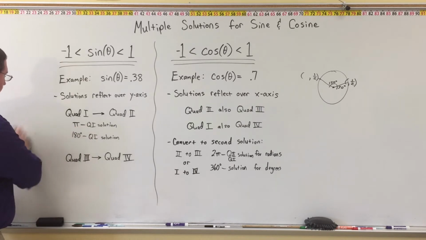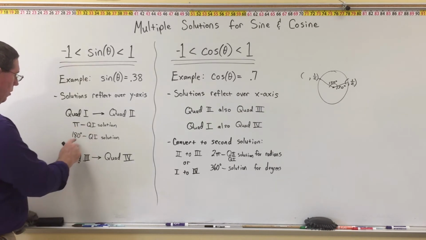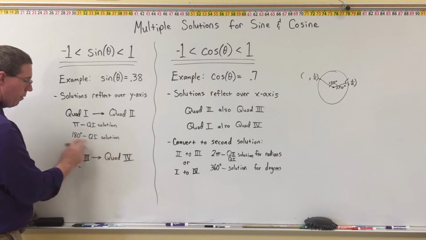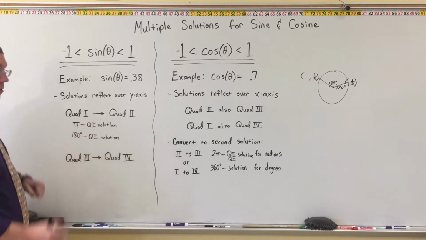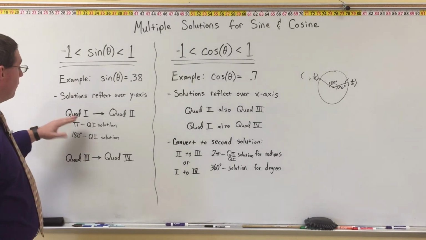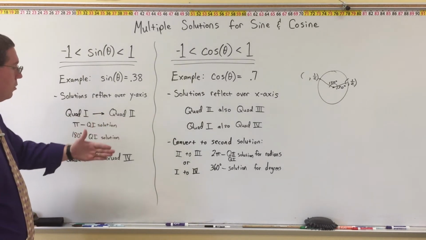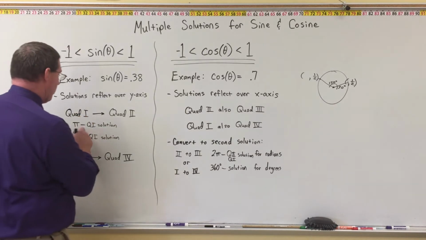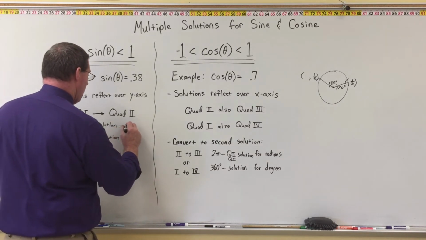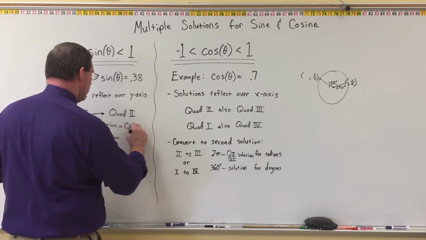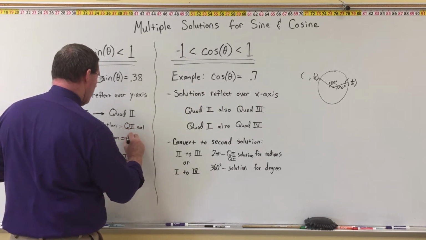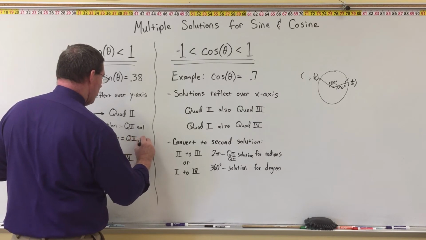All right, and now let's do it in degrees. 180 degrees minus our original solution was 30 degrees. 180 degrees minus 30 degrees is 150 degrees. And so if you're converting from the quadrant 1 to the quadrant 2 solution, these are the formulas that you're going to use.